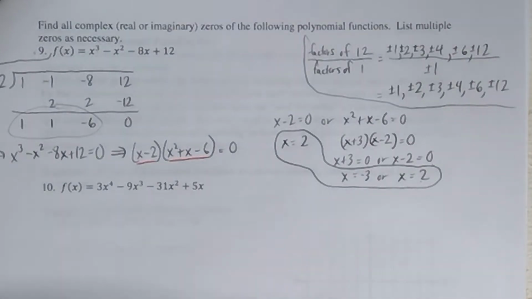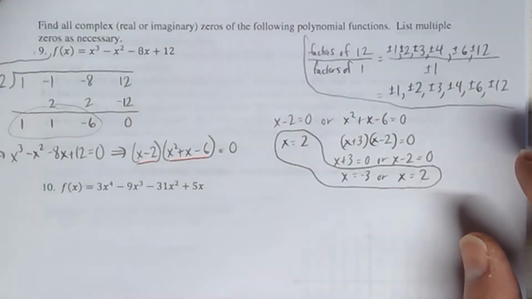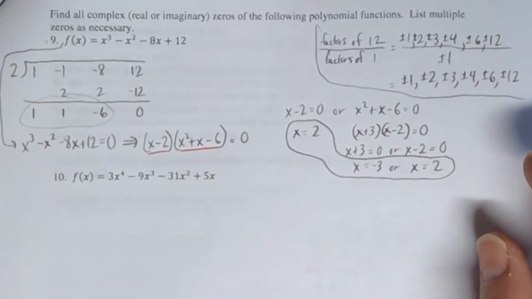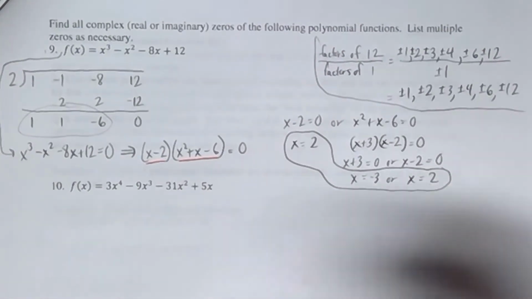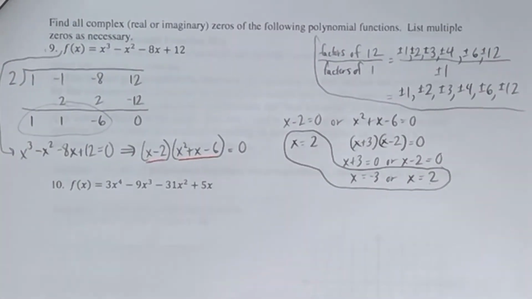In some previous math classes, those imaginary numbers sometimes were neglected and we threw those out, but not here. As we've seen, we're definitely acknowledging imaginary numbers in this section. So if you get the square root of a negative number, you can't just say, oh no, that's not an answer.